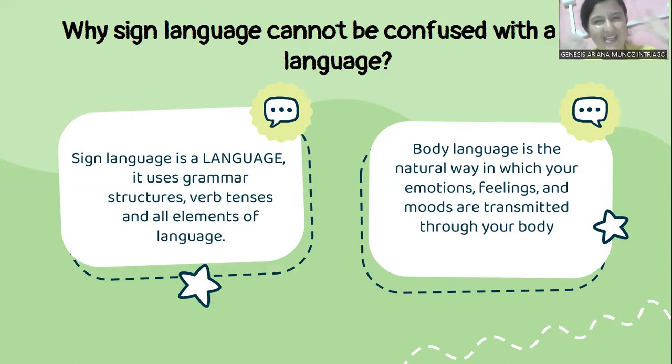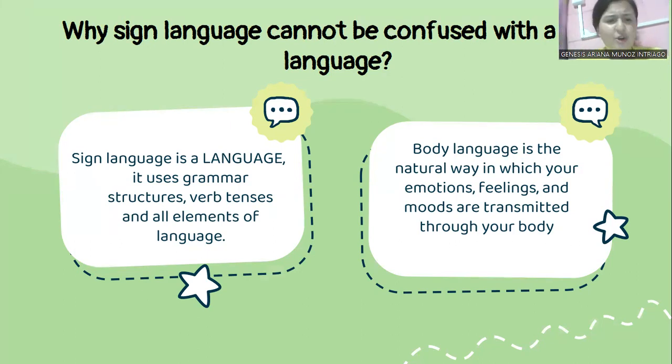Do you understand? It's basically like the natural way in which your body expresses its feelings, but you cannot sing with your body language. You cannot tell a story with your body language, and you of course cannot have a conversation with body language. But with sign language, you can do that. You can have a communication exchange by using sign language.